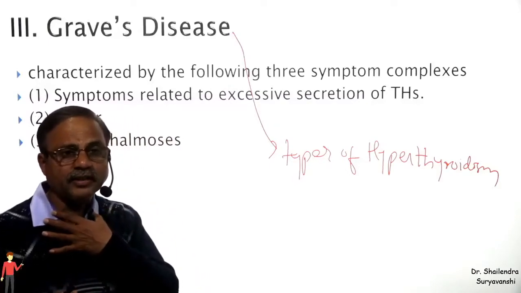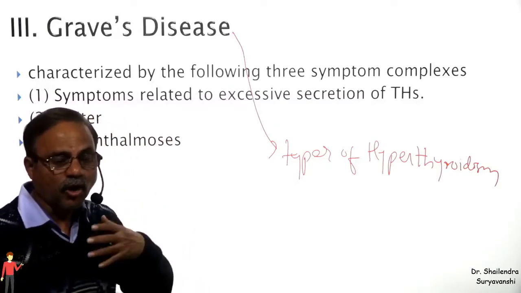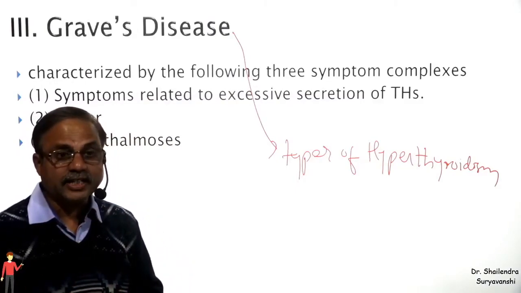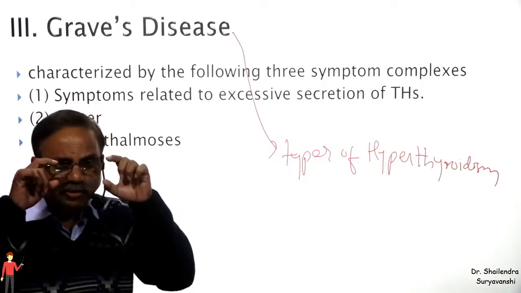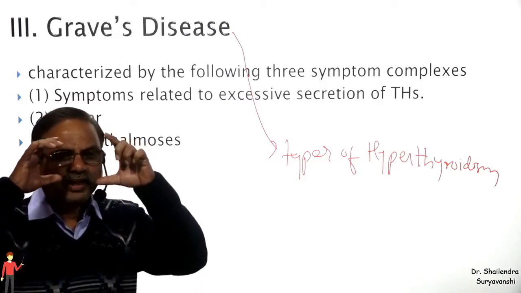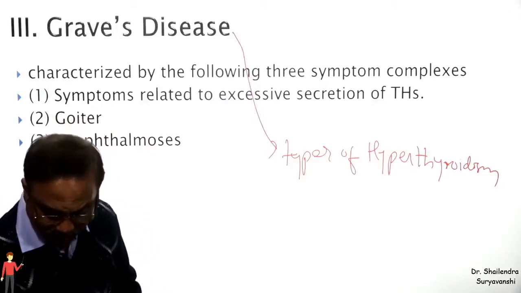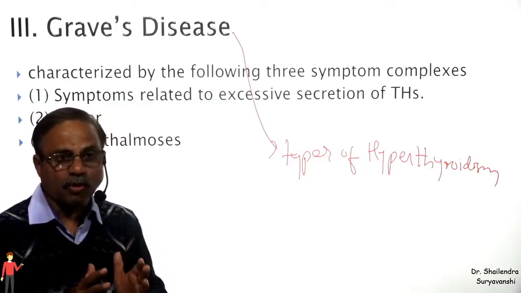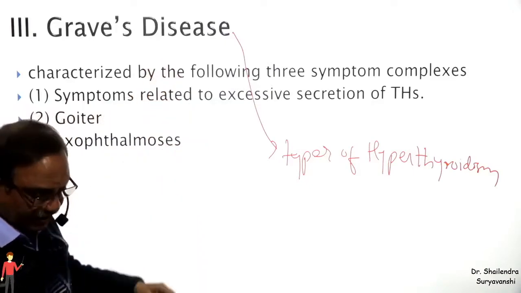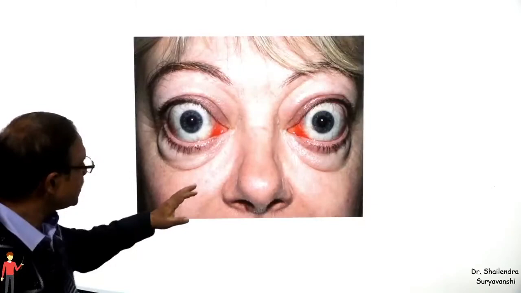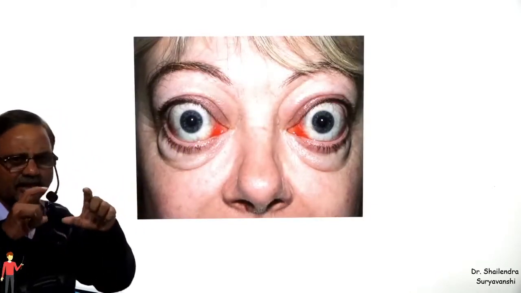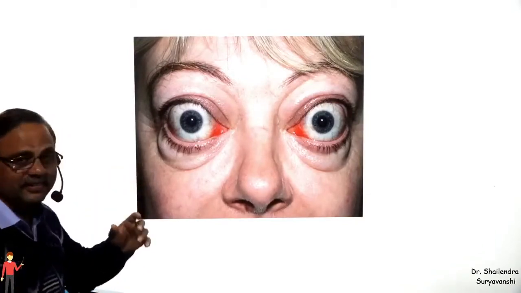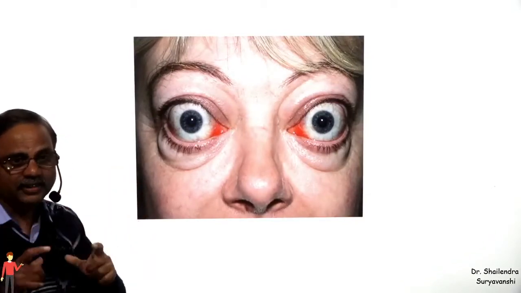They will have goiter, a swelling over their neck, and exophthalmos, meaning their eyes protrude forward and the lids retract. When this triad of symptoms is present, it is collectively called Graves' disease. This is the photo. See the eyes, they have protruded, they have come forward, and the lid is also retracted.